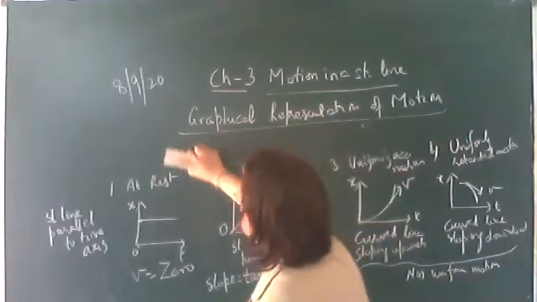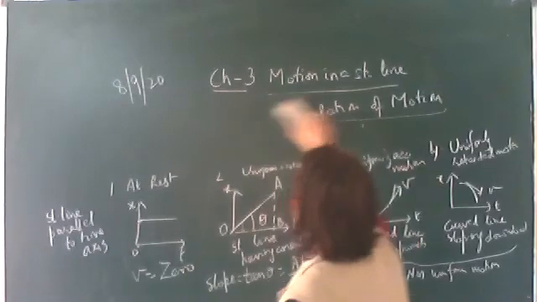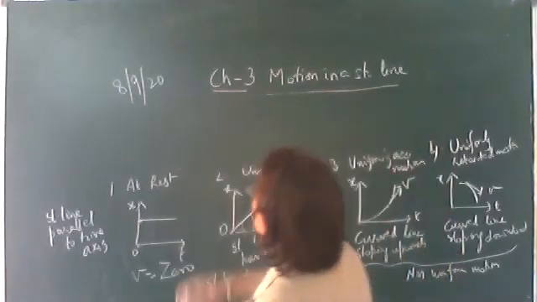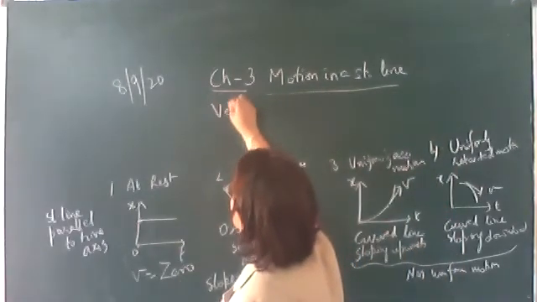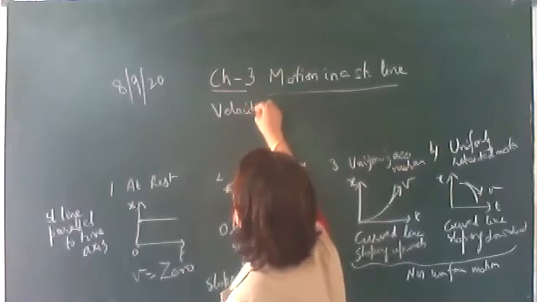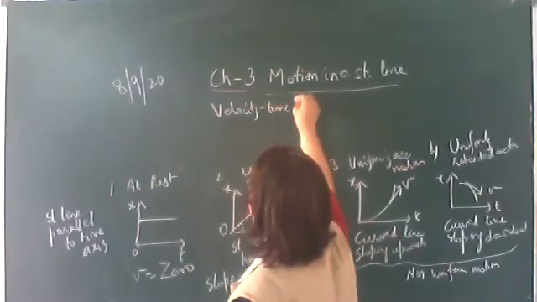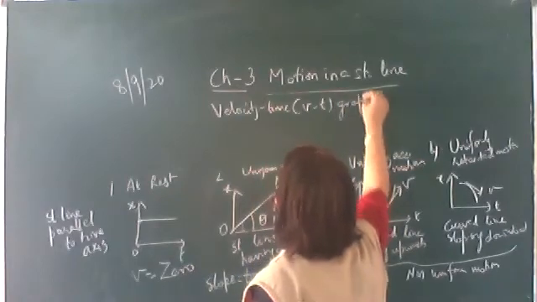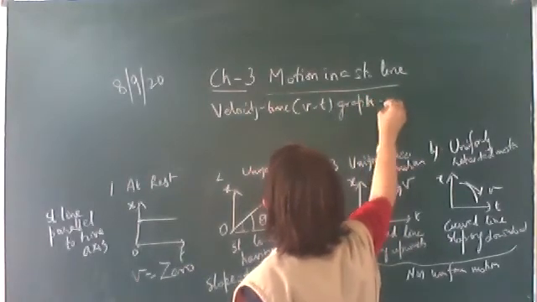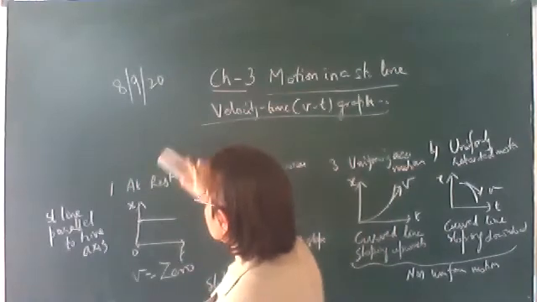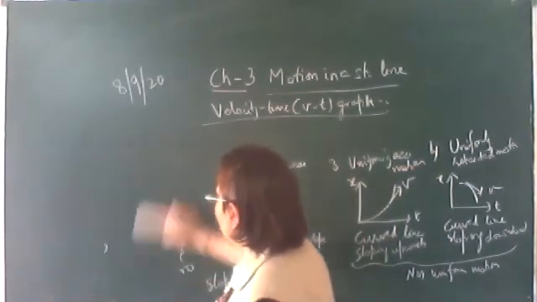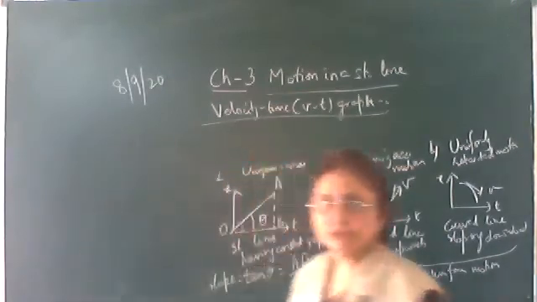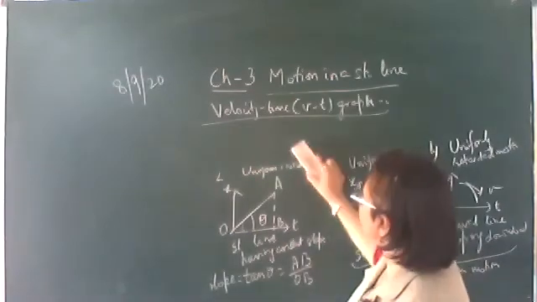Okay, position time graph we have discussed. Next is velocity time graph. Okay, the graph is plotted between velocity and time. An object at rest, no velocity.